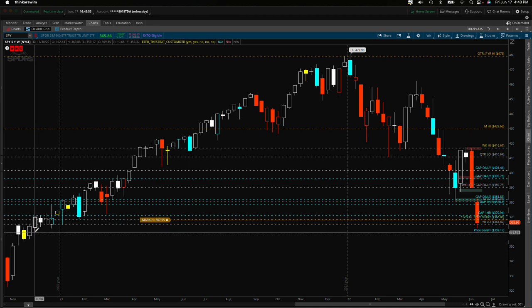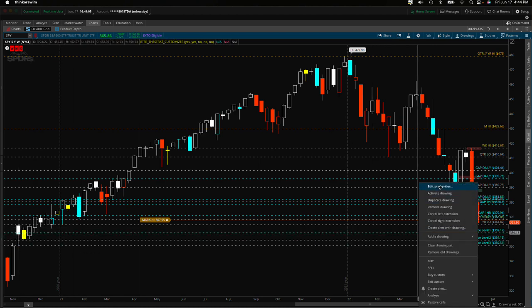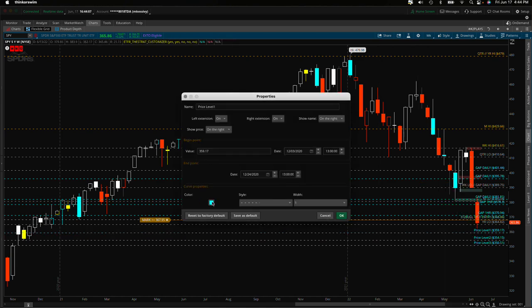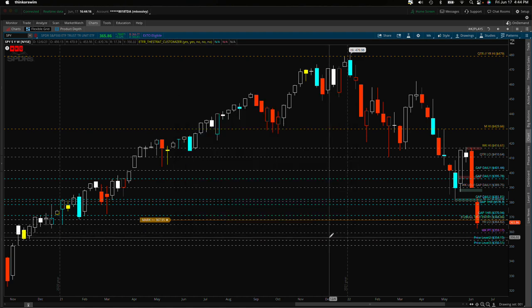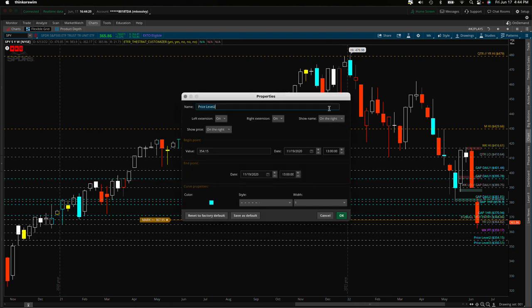So we have a price target at 359.17 and at 354.15 and at 350.51. So these three, I'll change the color to pink to represent our weekly price targets. So week price target. See, I could have just duplicated that, but week price target.